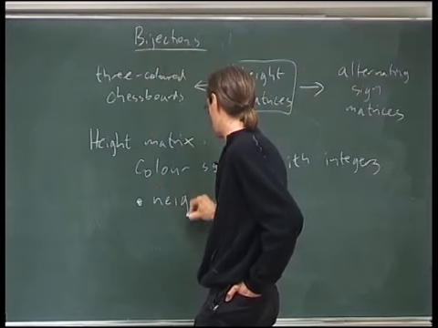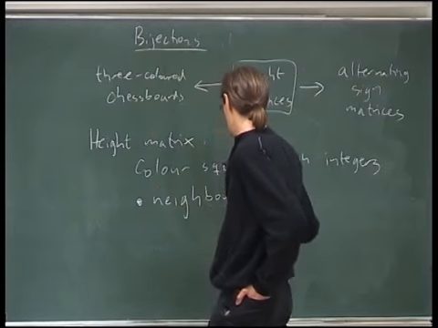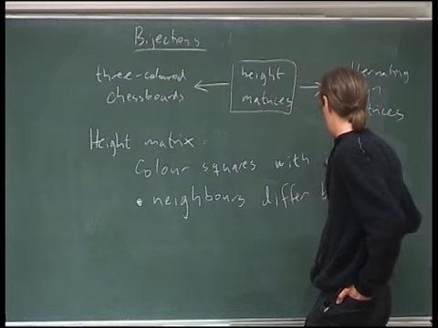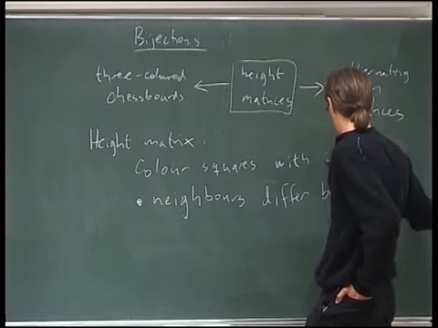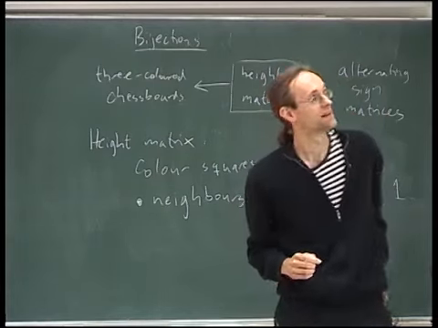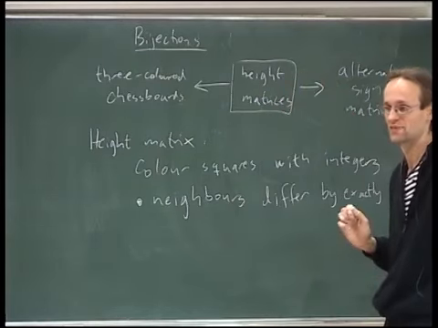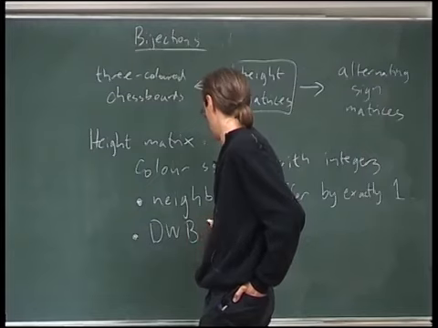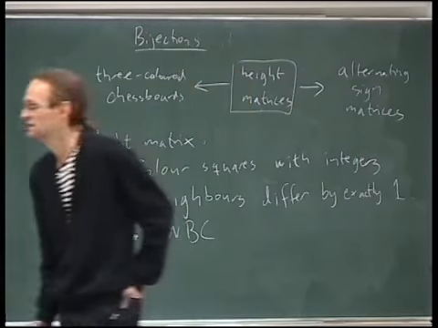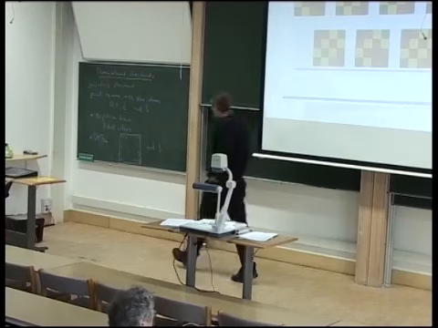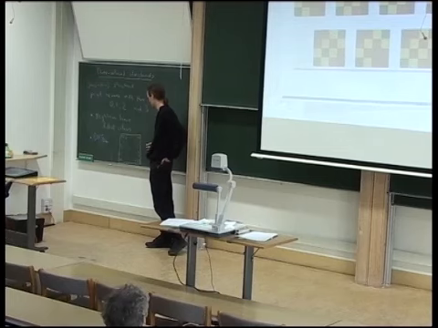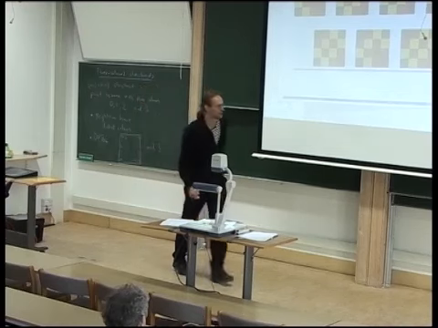And then the rule is that neighbors differ by exactly 1 from each other. And you also have domain wall boundary conditions. And those will be exactly the same as over here. It's just that you don't reduce mod 3. You really plug in these integers here that you see on the boundary.